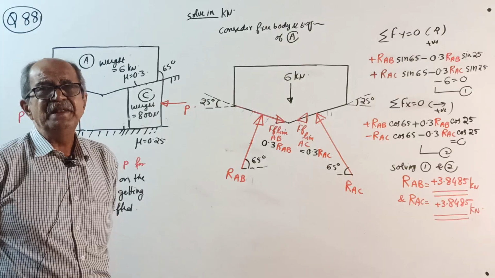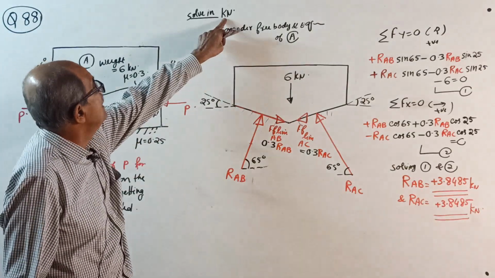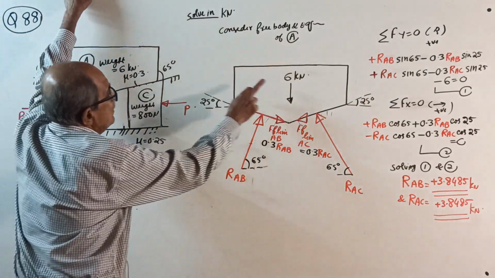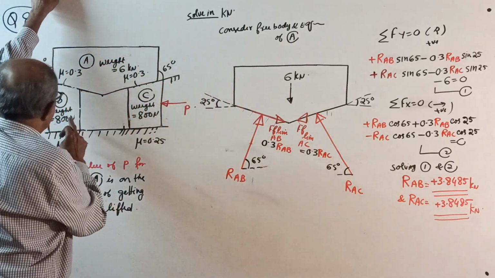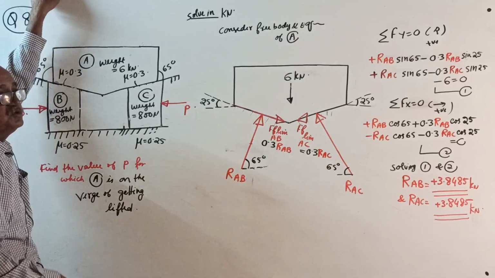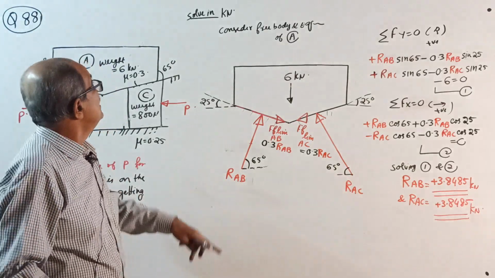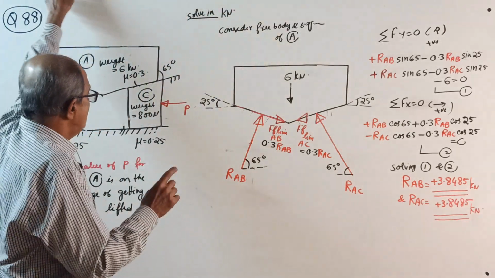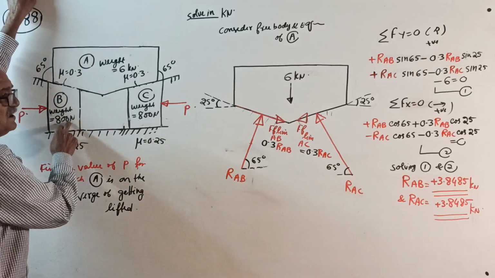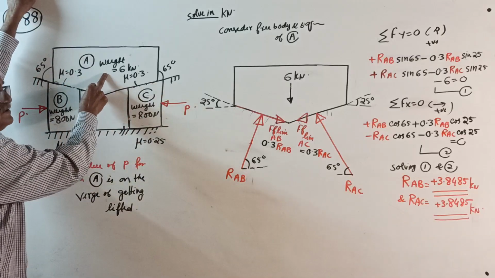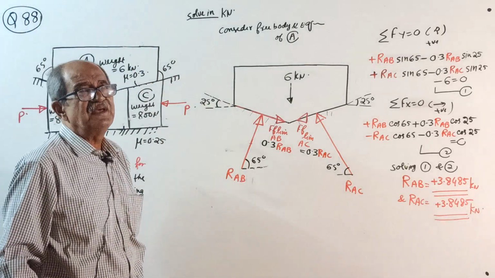Anything will do; better kilonewton. If you solve in kilonewton, this is 6 kilonewton and these two are 0.8 kilonewton; you should not write 800 Newton. If you are solving in Newton, you write 800 Newton for these two and 6000 Newton for this. Common sense is required.